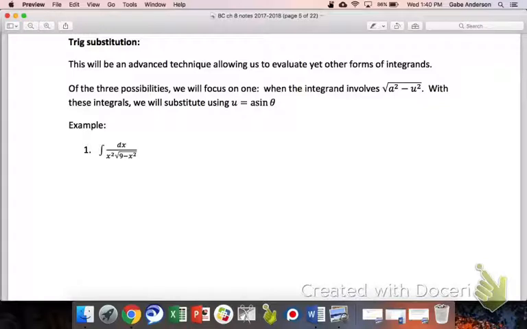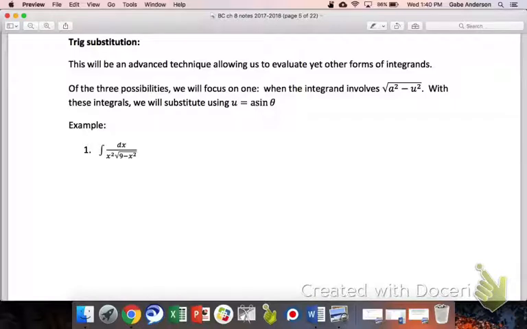So our new technique to deal with something like this is outlined up above. We're only going to focus on one of the 3 ways this could be substituted. We're going to be using sine for our substitution.